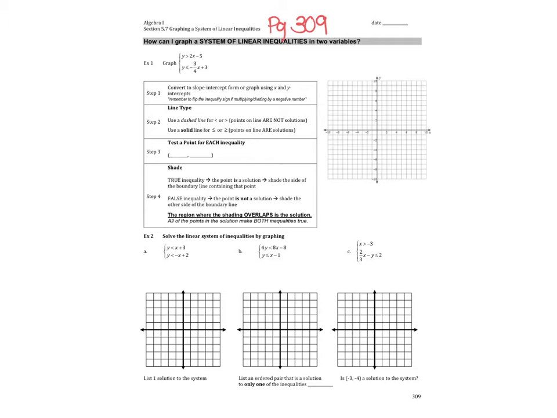Okay, so let's start graphing these. I'm just going to put some reminders on here. For y is greater than 2x minus 5, my slope is 2/1. My y-intercept is 0, negative 5. So in this case, we are using a dashed line because there is no equal to.